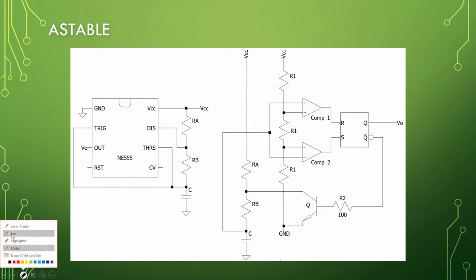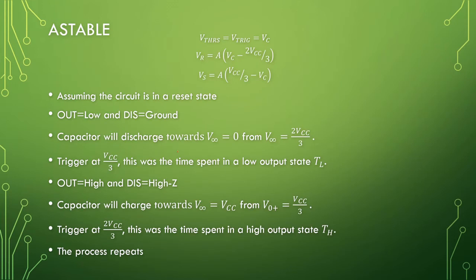So, okay, let's get rid of all of this and let's look at the states. So assuming that the circuit is in a reset state, so the output is low and discharge is ground. Okay, so the capacitor will discharge towards V infinite, which is 0, from 2 times VCC over 3.